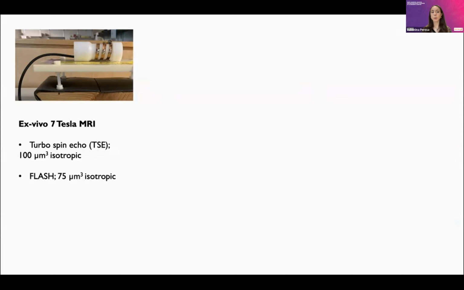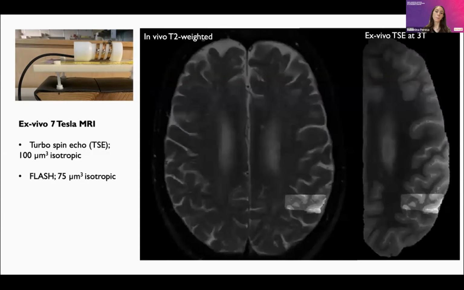We removed air bubbles very carefully because they really undermine the quality of the scan. Then we placed this Falcon tube into a custom-made solenoid coil. The scan lasted 24 hours and included a TEC sequence with 100 micrometer isotropic resolution and a FLASH sequence with a 75 micrometer isotropic resolution, which is very high.